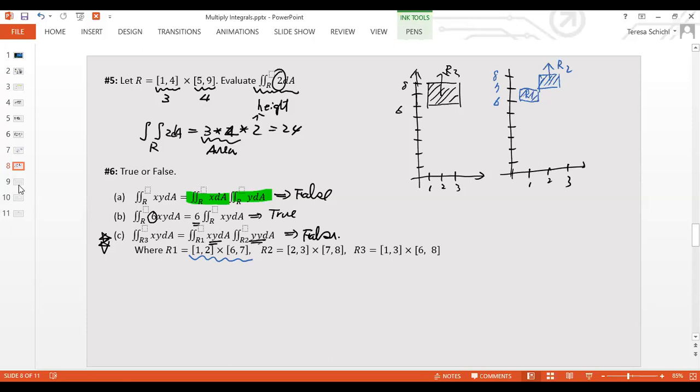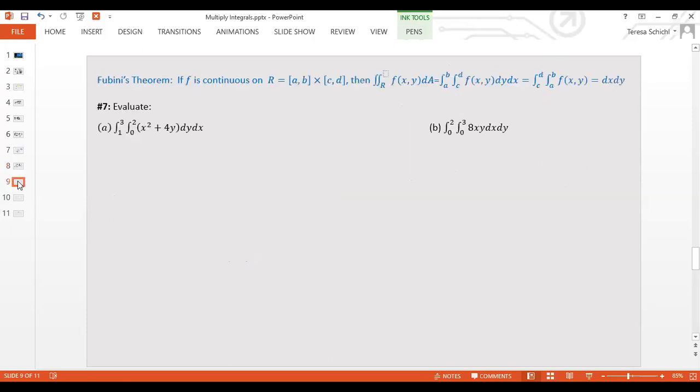Okay, so now let's take a look at problem number 9. We have a very important theorem. We call it the Fubini theorem. Fubini's theorem tells you if f is continuous and you are integrating over this rectangle region, dA, you can switch.